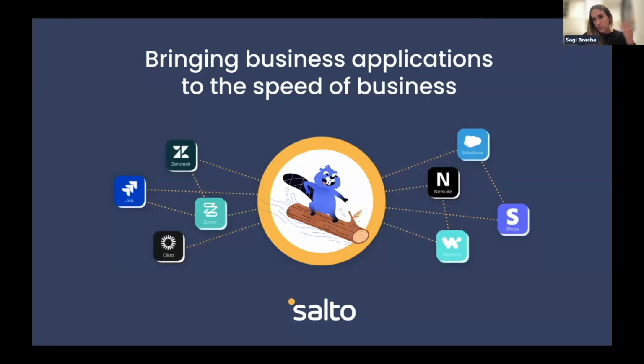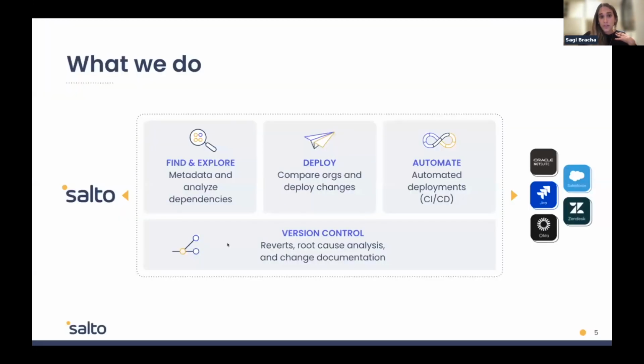So all are kind of suffering from the same problem that it is difficult to understand what's implemented. It's difficult to understand relationships. There are many difficulties in moving tested changes between environments. And it's also how to keep track of what's changing and to collaborate with team members. So these problems exist not only for Salesforce and Salesforce CPQ, but also for other applications. And that's what we're trying to solve.